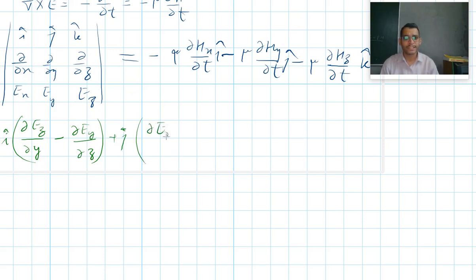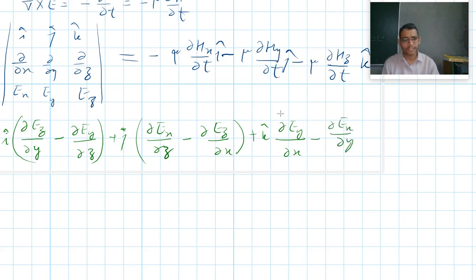So it is curly Ex over curly z minus curly Ez over curly x, right, plus k cap, it is curly Ey upon curly x minus curly Ex upon curly y. That's what I am getting, and it is equal to this one, right?